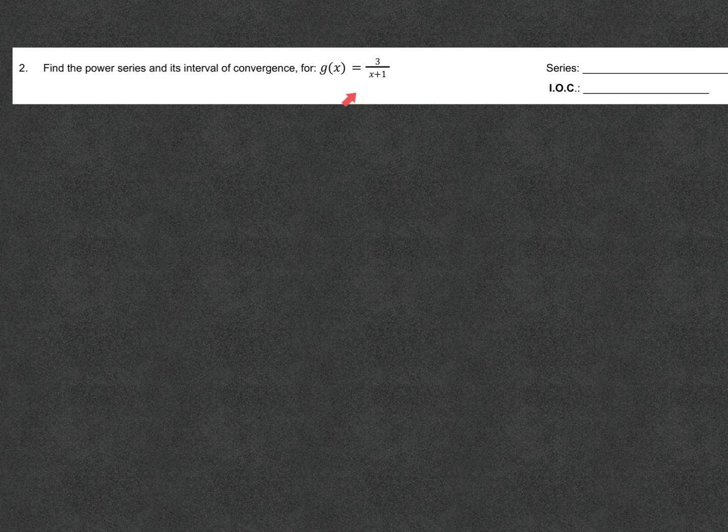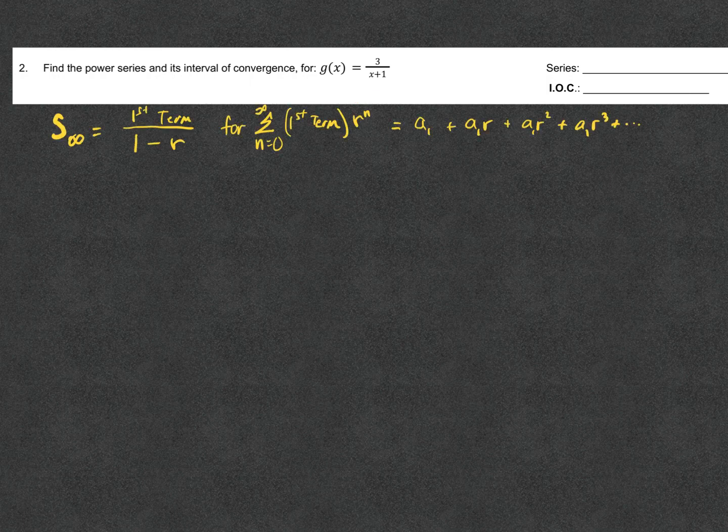The easiest and fastest way to convert this function into a power series is to recognize that this one is in the form of the sum of an infinite converging geometric series. While we can adjust the lower index, we typically start with 1, and the series is a term plus that term times a ratio, and every subsequent term that we add has an extra factor of that ratio.